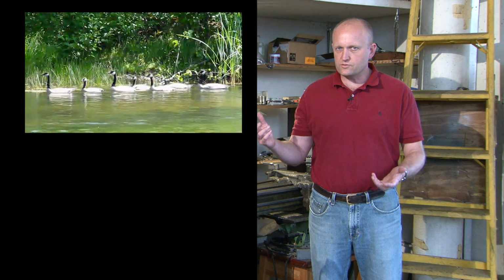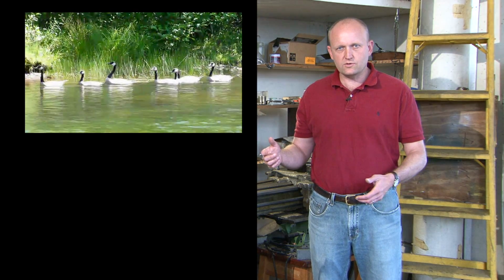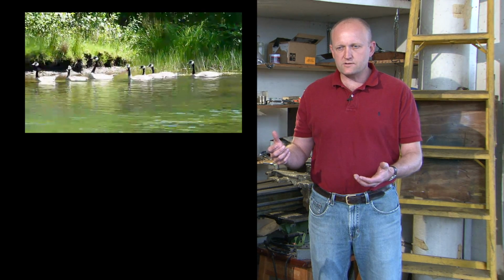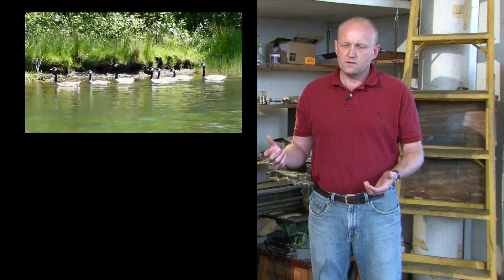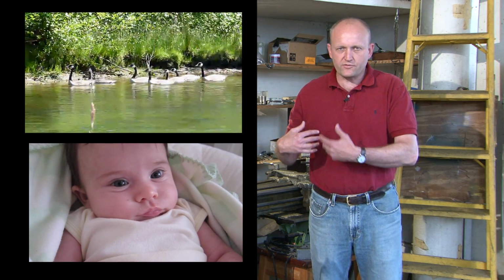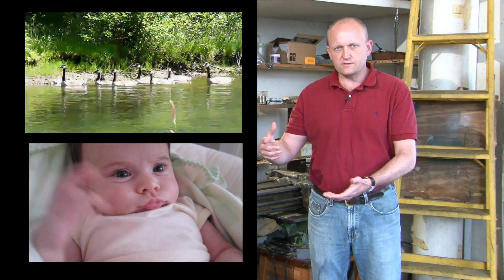For example, a goose, how much does that weigh? Well, it's hard to know exactly. You could Google it. But the way I like to think about it is, how does a goose compare to something I know? Maybe I know what an infant baby weighs because I'm a father. So I think a goose and an infant are about similar in size.